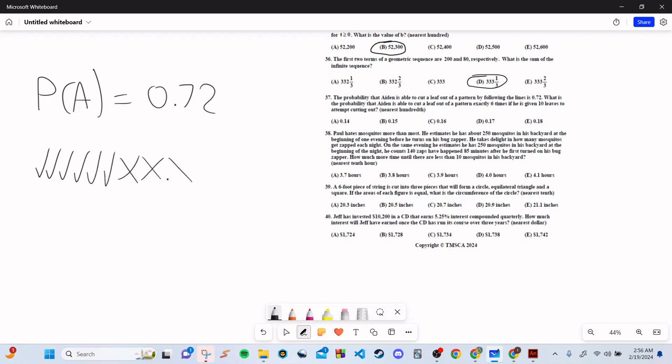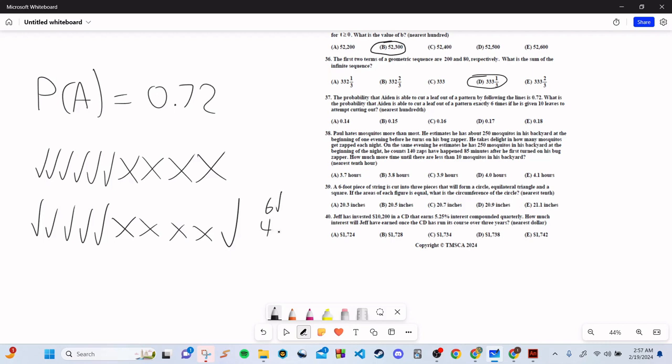That means he has to incorrectly cut it 4 times. But is this the only way it can happen? It's not. What if he got the first 5 right, and the next 4 wrong, and then the last one right? That would still be 6 successes and 4 failures.